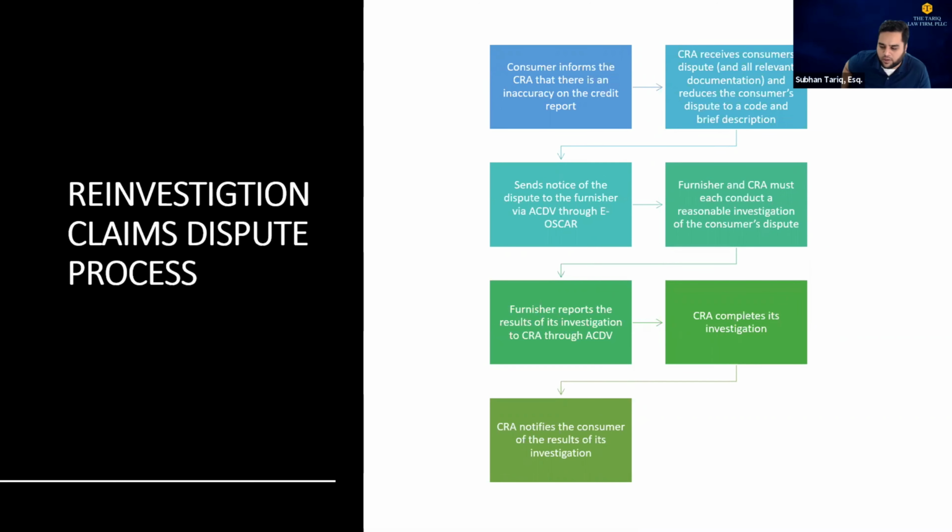They have to review the documentation that the consumer has provided and make a determination of whether the account needs to be updated, suppressed, or deleted. And again, we're talking about it in the context of debt settlement.